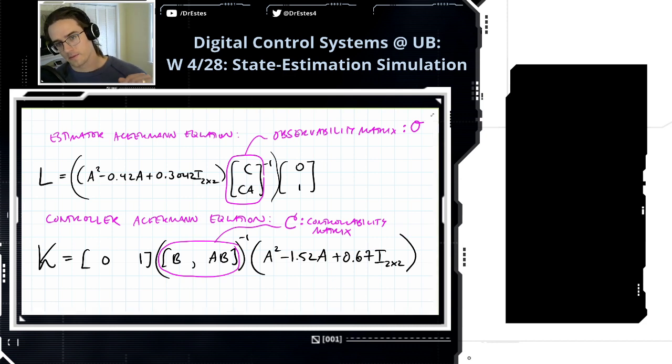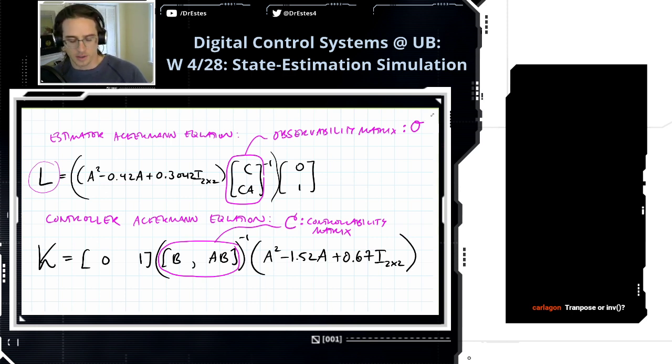So just like the controllability matrix, you have to be able to invert the observability matrix in order to be able to solve for L. And so that means the observability matrix must be invertible in order for you to be able to estimate your states. So transpose or inverse.